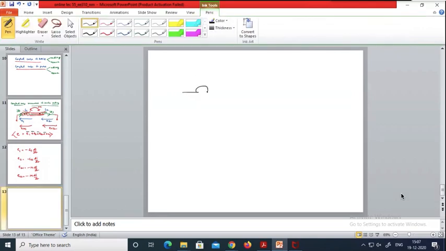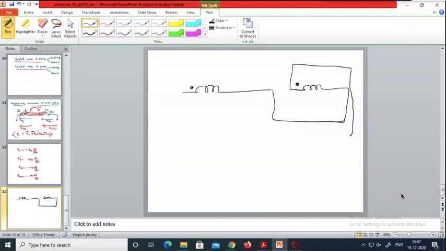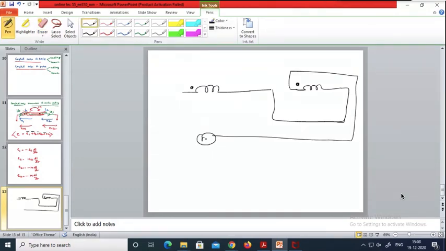So I will change the direction here. So this is L1, this is L2 now.